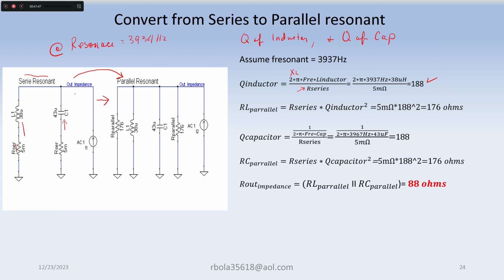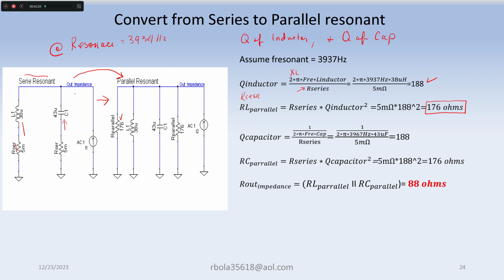Then to convert that series ESR, we multiply the ESR series times the Q inductance squared. So I end up with a parallel resistance of 176 ohms, which is right there.